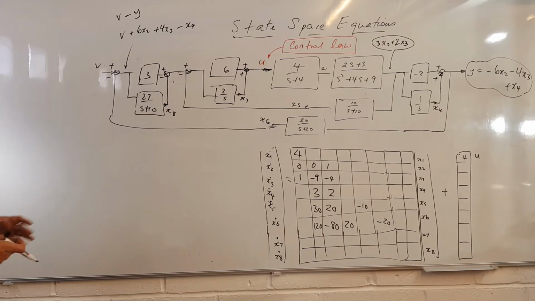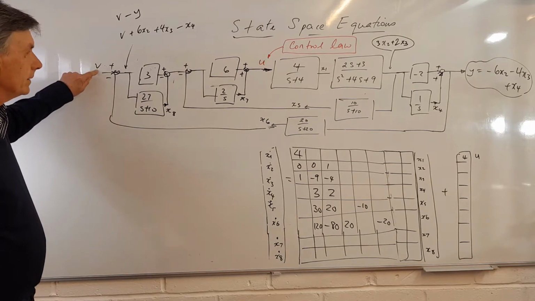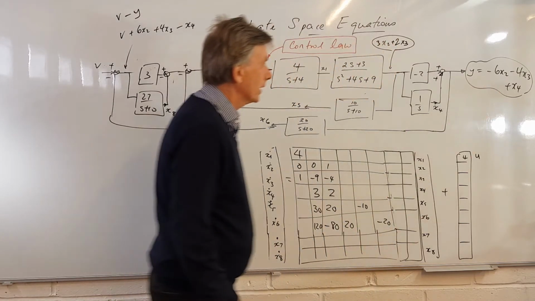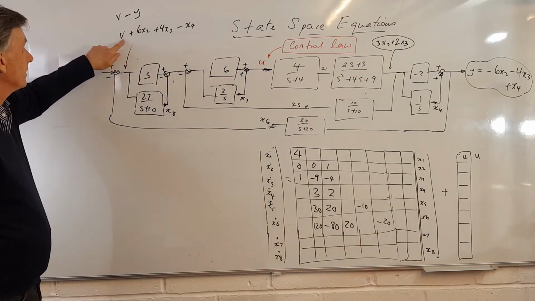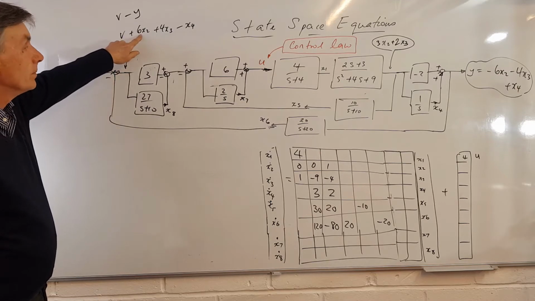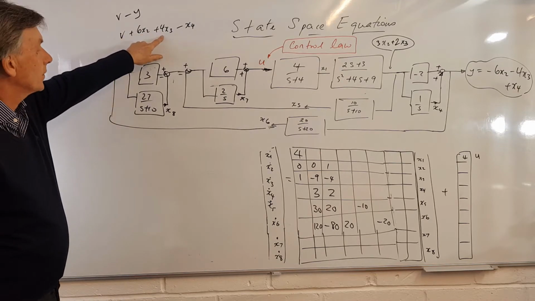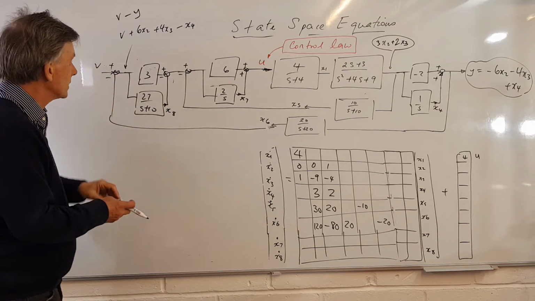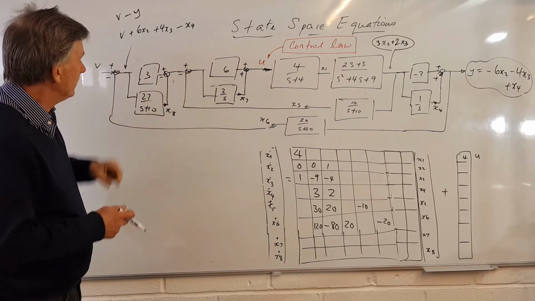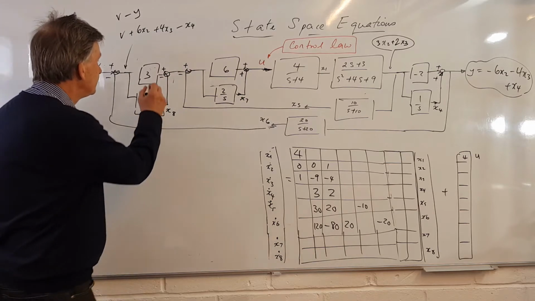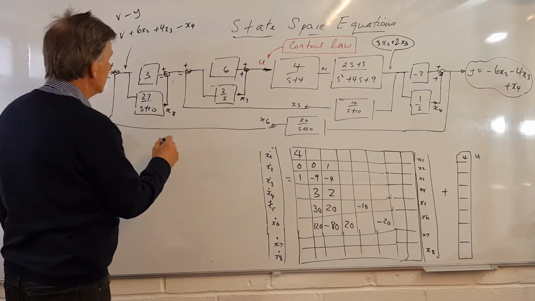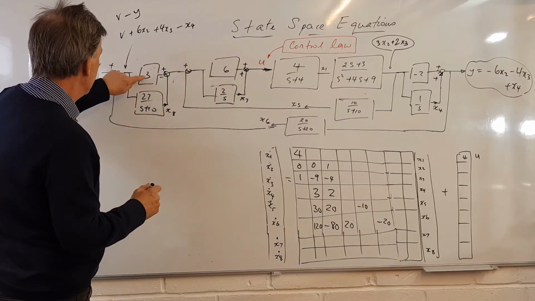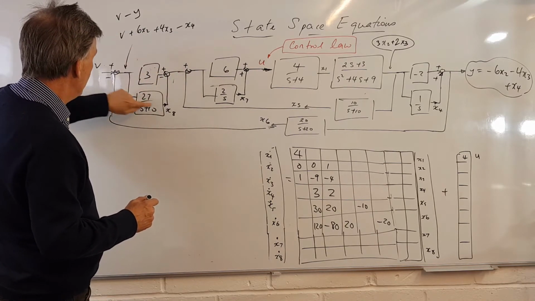So we've got input signal here v, and y is given by this term over here. So we can work out v minus y as v minus 6x2 plus 4x3 minus x4. So that's that signal there. And then we can start to work out the signal there, there and there. If we've got the signal here, for instance, it's going to be 3 times this minus x8.